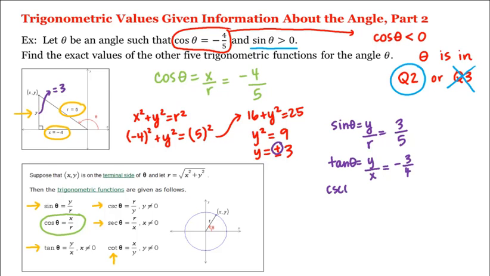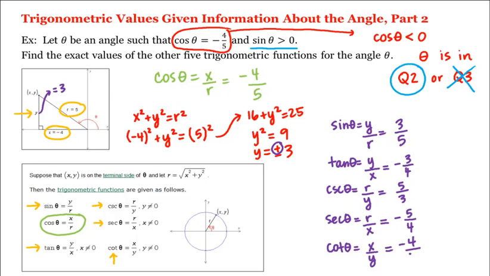And cosecant of theta is equal to r divided by y, which is equal to 5 divided by 3. And secant of theta is equal to r divided by x, which is equal to 5 divided by negative 4, or negative 5/4. And finally, cotangent of theta is equal to x divided by y, which is negative 4 divided by 3, or negative 4/3.